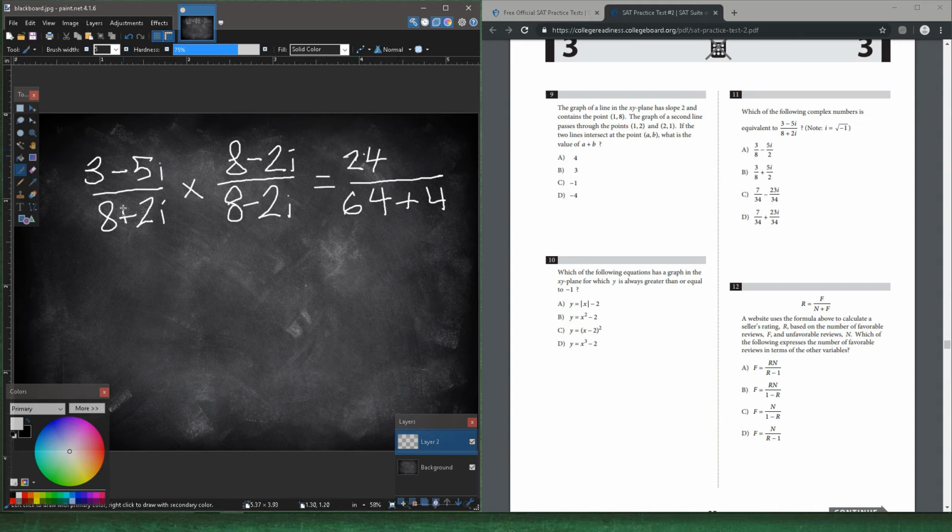Okay. 3 times negative 2 is negative 6. 8 times negative 5 is negative 40. So negative 40 plus negative 6 is negative 46. And negative 5 times negative 2 is 10, and with the i squared, that's negative 10.